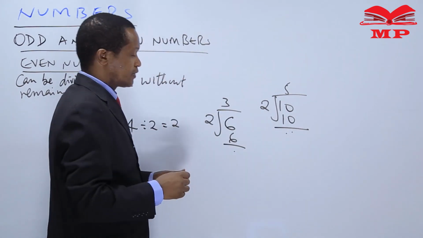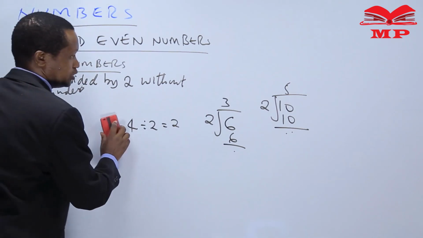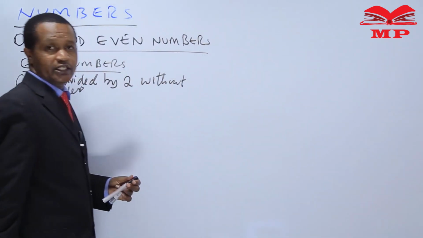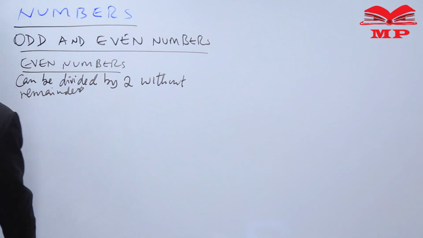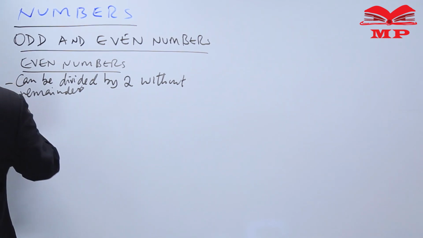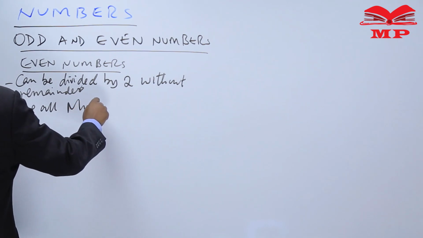So any number that can be divided by 2 without any remainder, we learned in standard 4, is known as an even number.